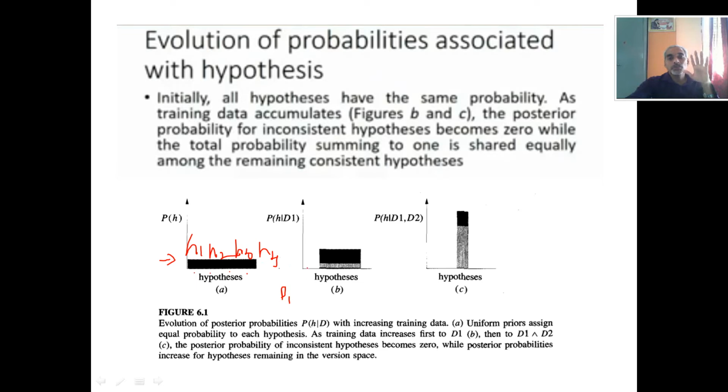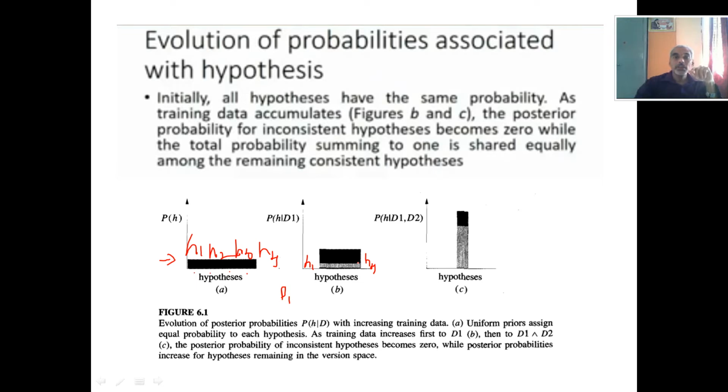Assume that hypothesis H1 is not consistent with D1. Then the probability starts decreasing, or we can say the probability becomes 0. Similarly, suppose we take another hypothesis H4. It is also not consistent, so its probability reduces.